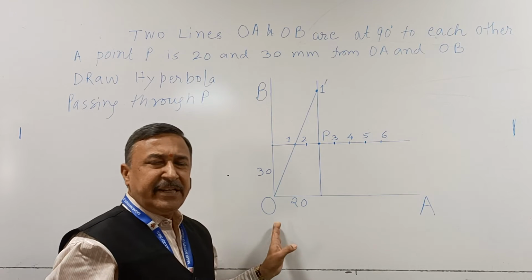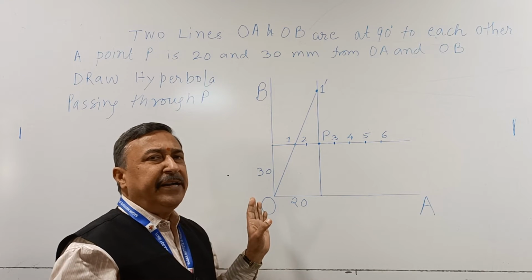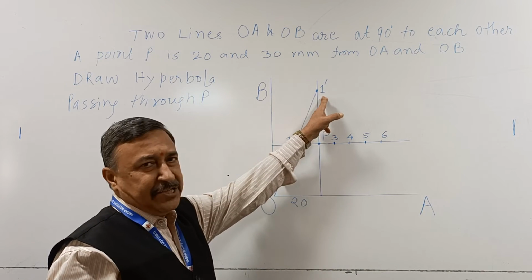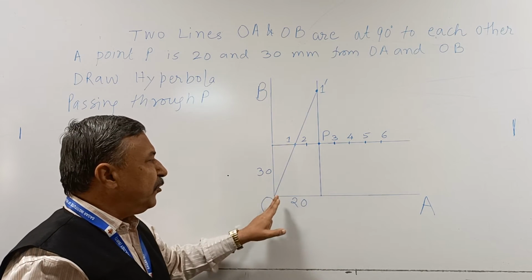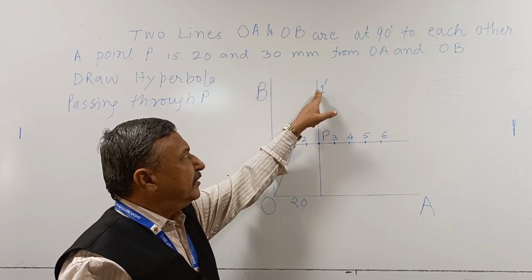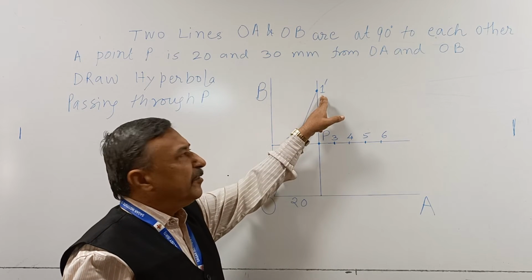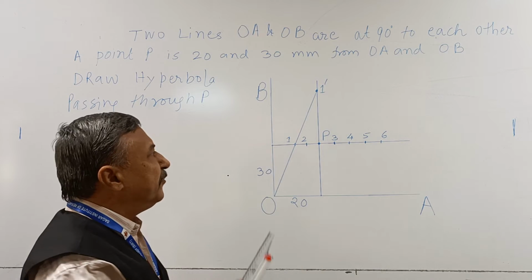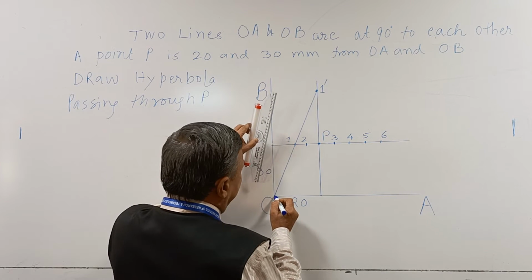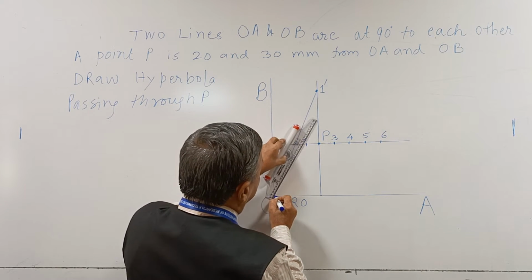Now you understand how we get point 1 dash. 1 is assumed, and if we join 1 to O and extend on this line, we get point 1 dash. Like this, we get all points, that is 2 dash, 3 dash, etc.